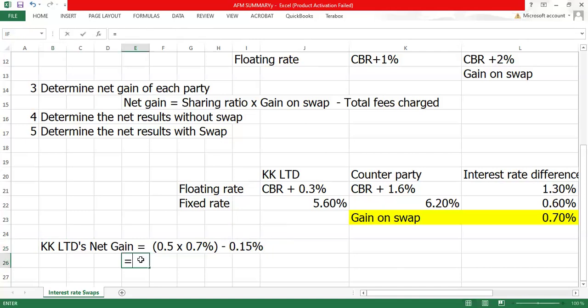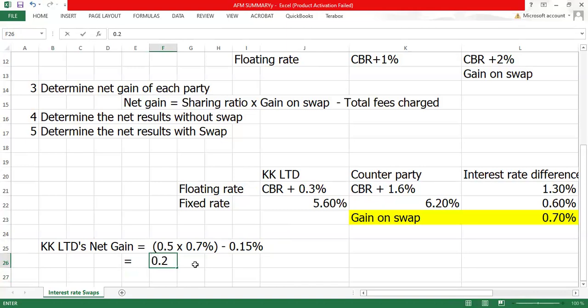So when you do this, what will be your final answer? On your calculator, open a bracket, get 0.5 times 0.7, close bracket, minus 0.15. Now the answer is 0.2.